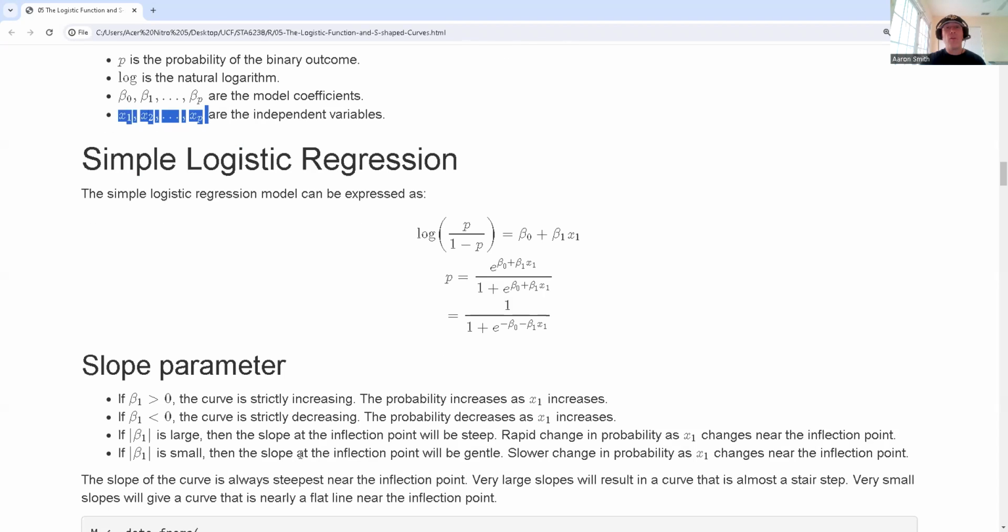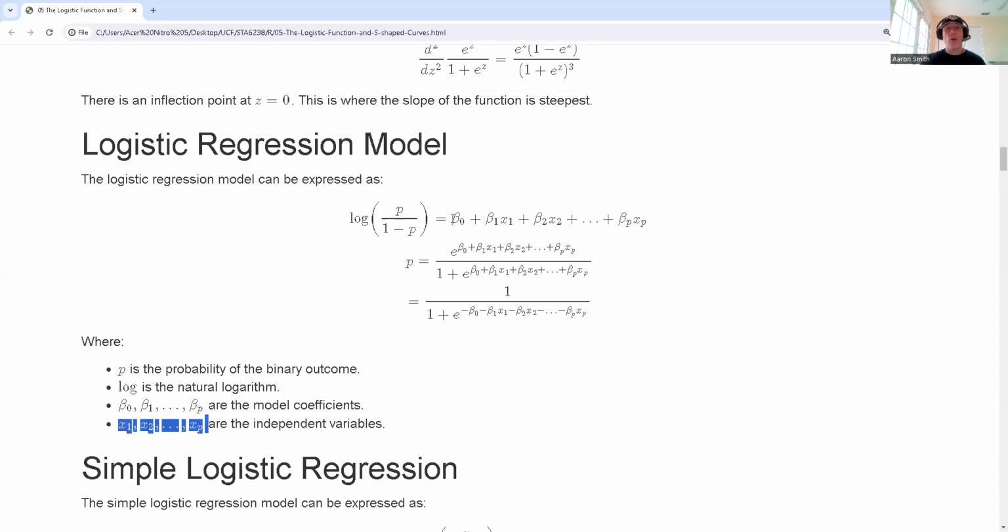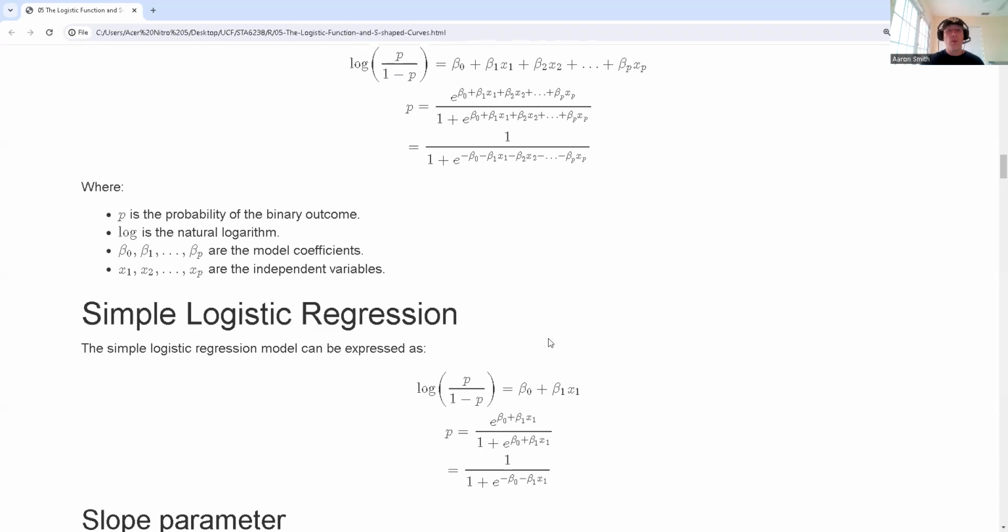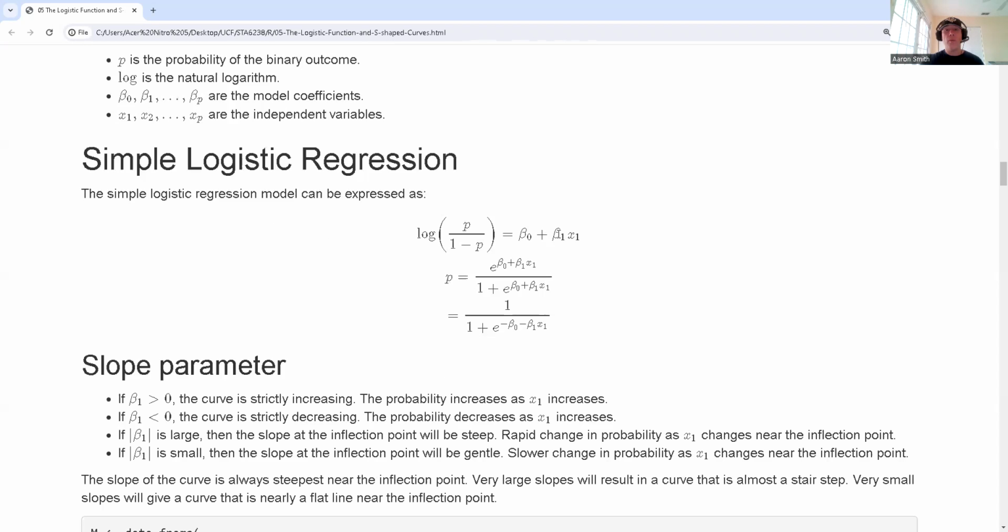All right, let's make this a little bit easier. There's a lot of stuff going on here, so let's just look at simple logistic regression. Here I'm going to have just one predictor variable and one coefficient along with the intercept. Something I need to point out is that, remember when I did linear regression back in the day?